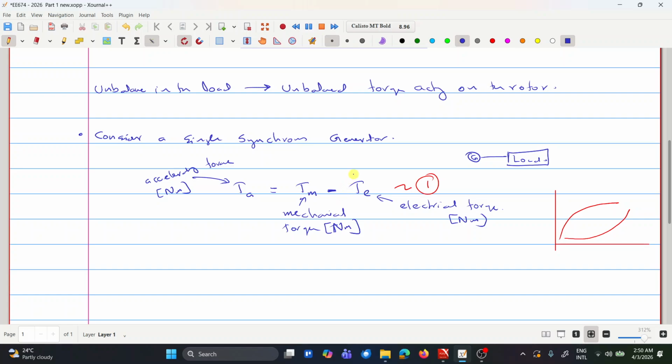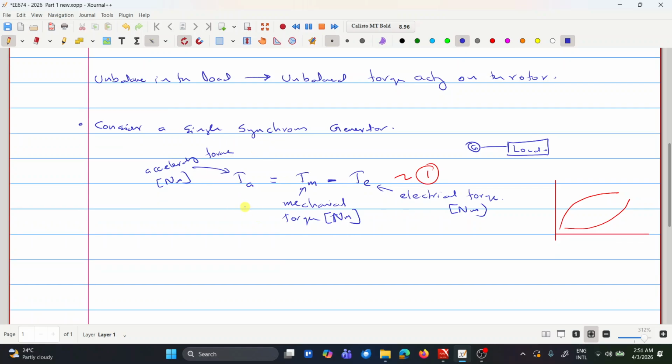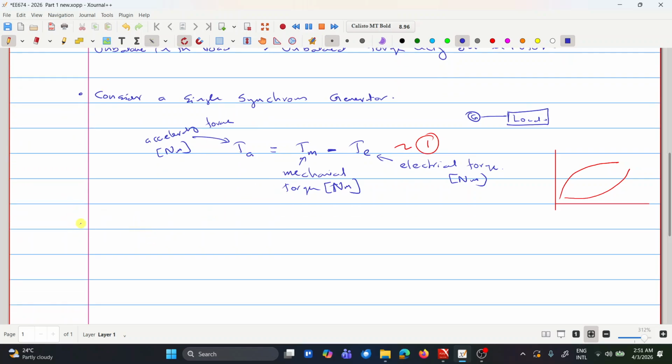The other factor that affects this acceleration is the inertia of the generator and the prime mover.